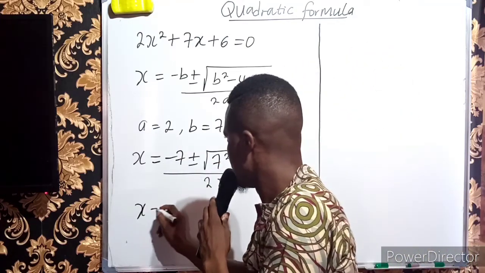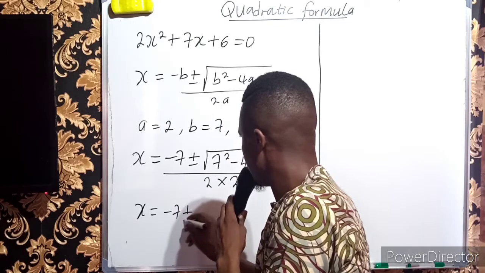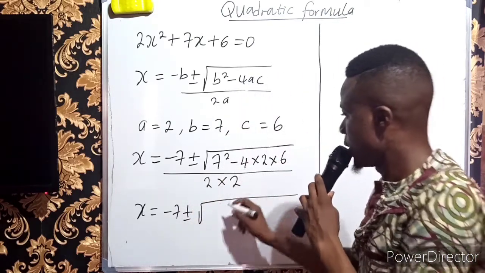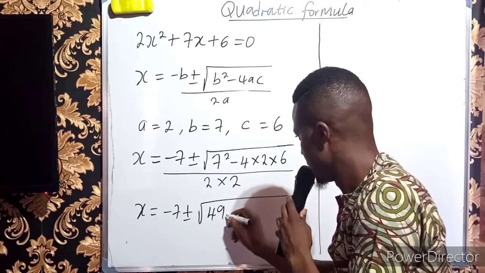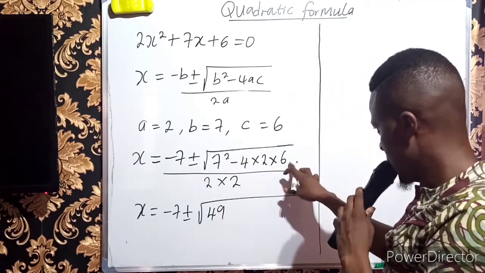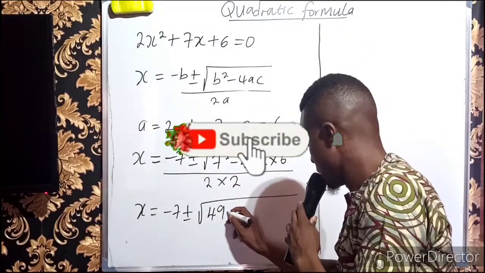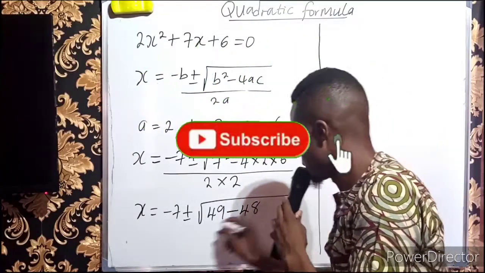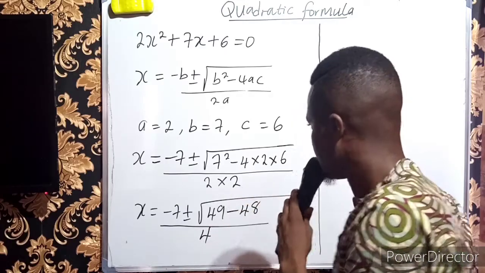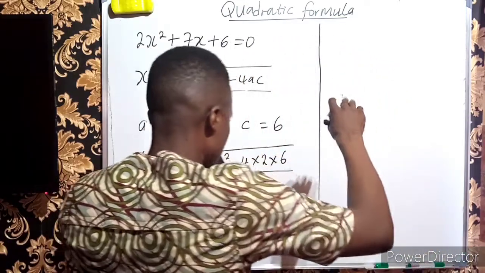So x gives me minus 7 plus or minus the square root of 7 squared, which is 49, minus 4 times 2, which is minus 8, and minus 8 times 6 gives us minus 48, all over 2 times 2, which is 4. We continue from here.